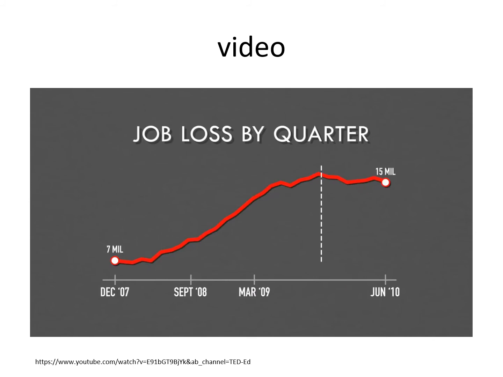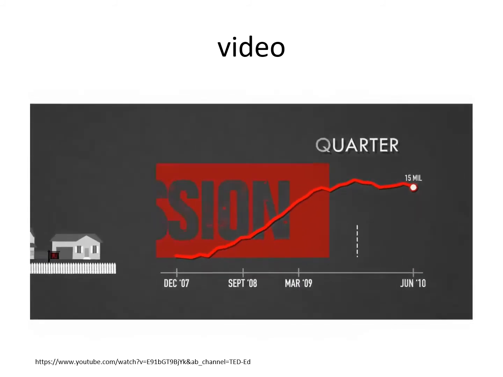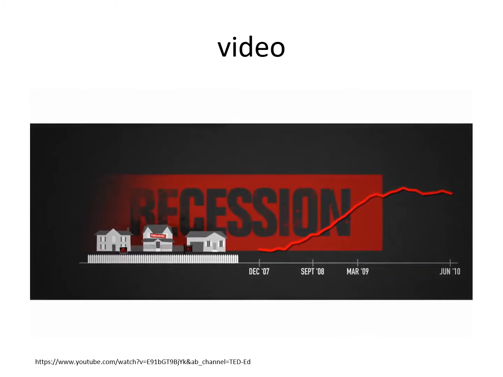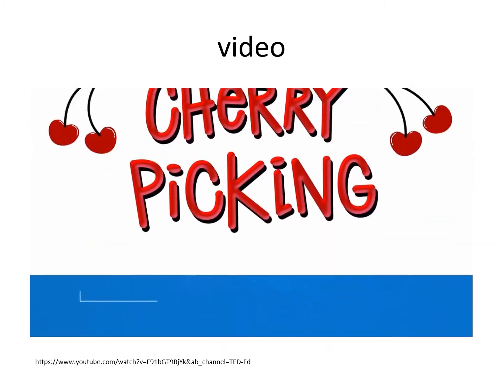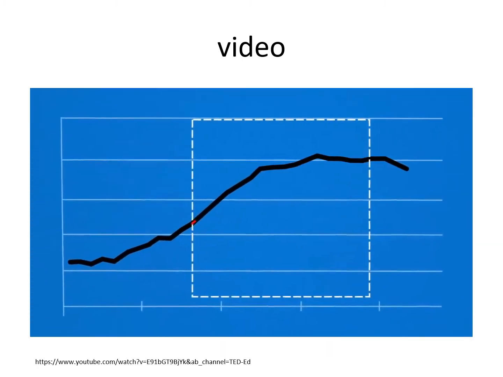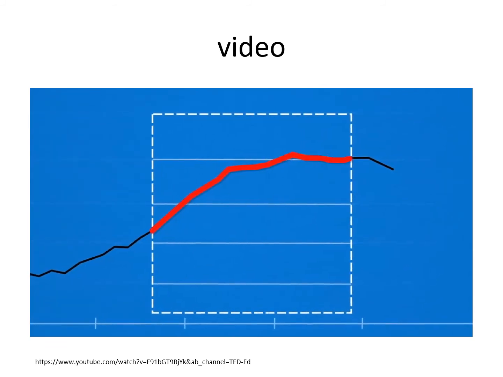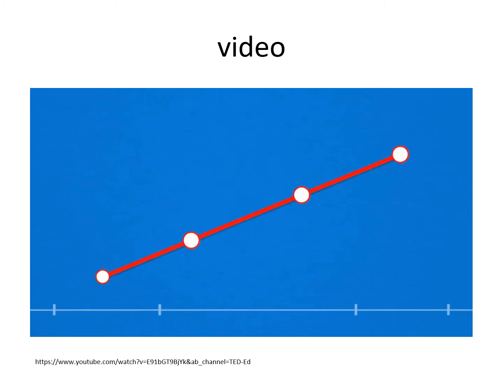And if you wonder why they were increasing in the first place, the timeline starts immediately after the U.S.'s biggest financial collapse since the Great Depression. These techniques are known as cherry picking. A time range can be carefully chosen to exclude the impact of a major event right outside it. And picking specific data points can hide important changes in between.